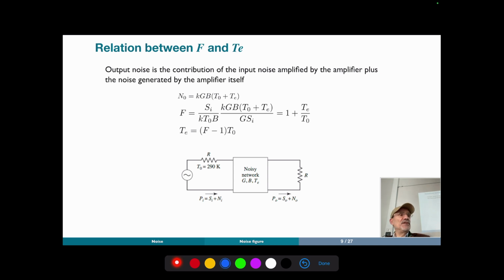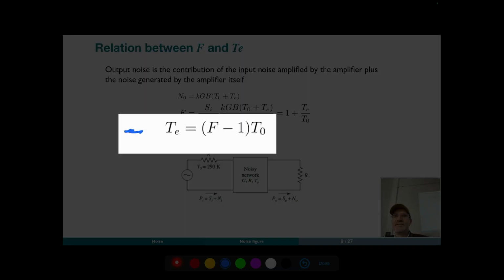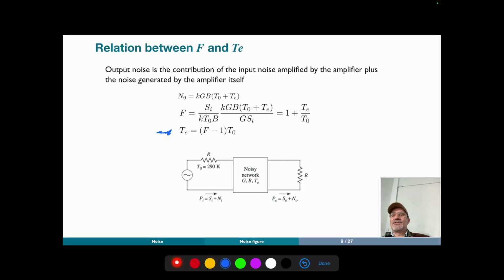Defining the noise figure or the equivalent noise temperature of the amplifier is equivalent, and so we can go from one to the other. The relation is given by this equation here, which is relatively easy to obtain. If we know the noise figure, we can obtain the equivalent noise temperature or the other way around.